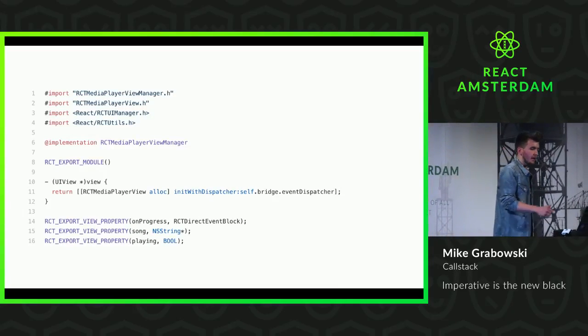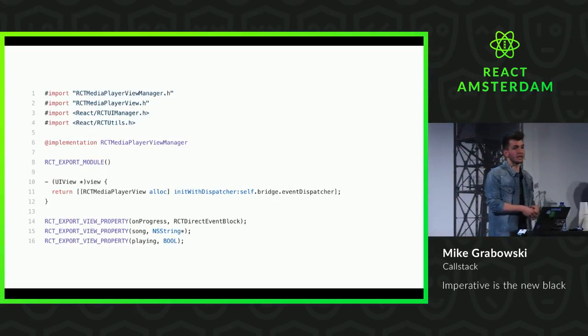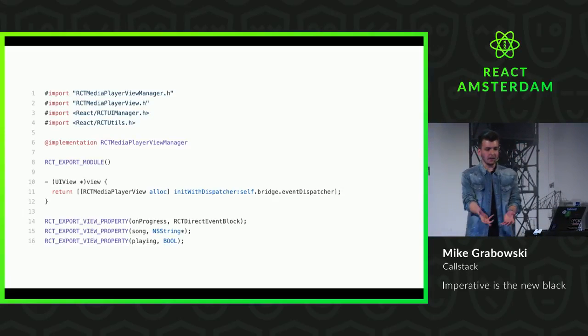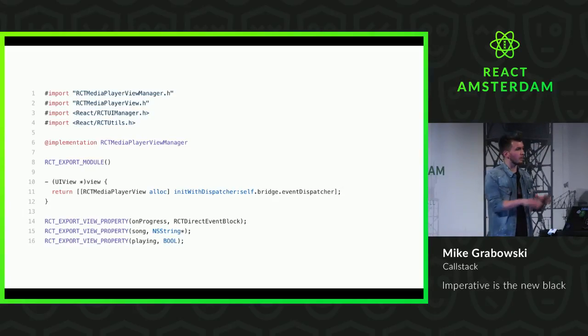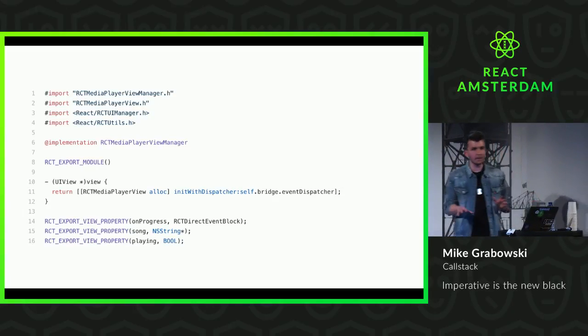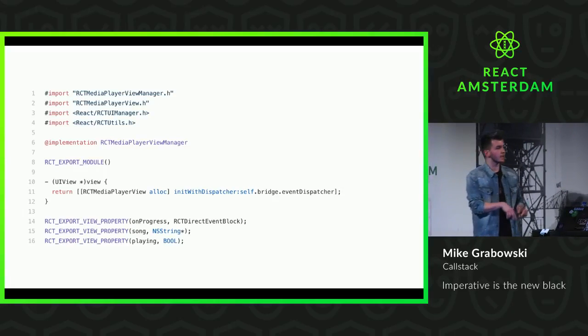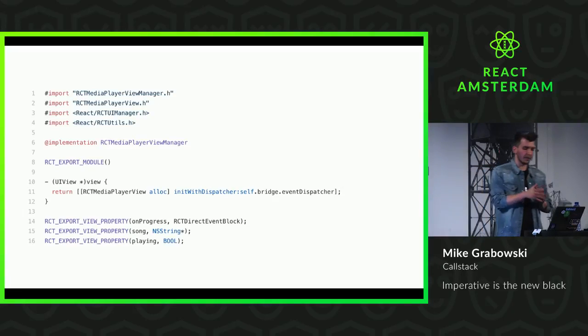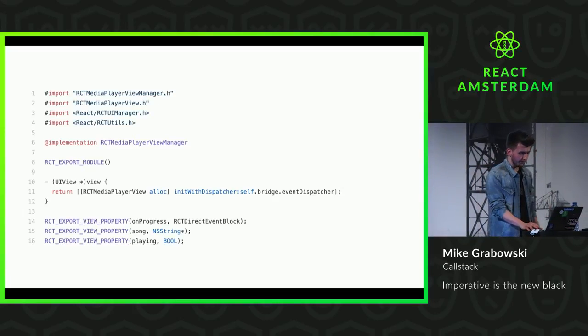So in this case, I'm defining this view, and basically this is going to tell React that, okay, if this native module is rendered in React, please get an instance of view from this view method and put it inside the render method. The rest of the properties stay the same, so we still have onProgress, song, and playing props, sort of direct corresponding props.